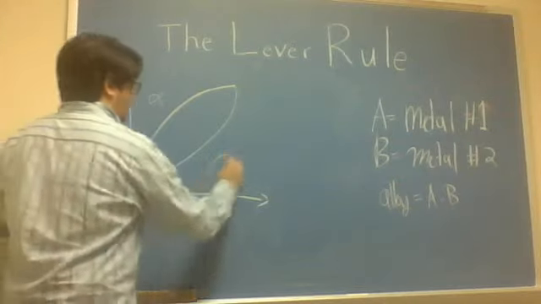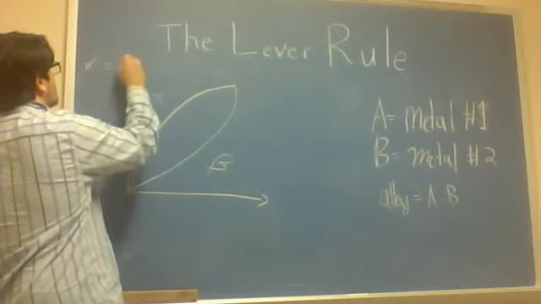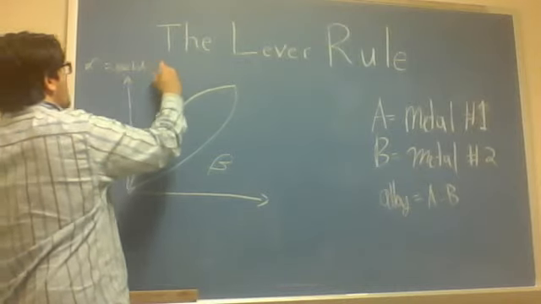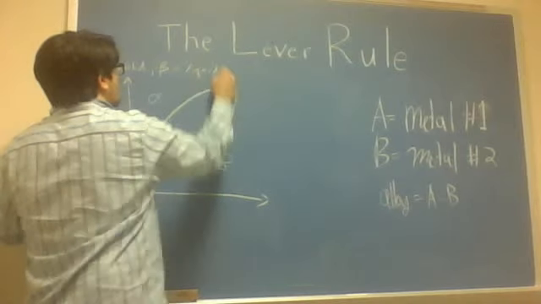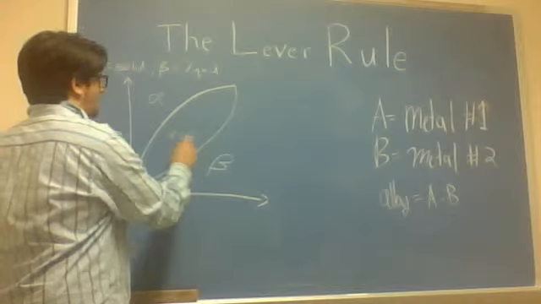So we have alpha, which is solid, and then beta, which is liquid. In between we have a combination of the two.